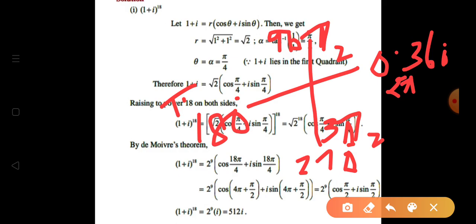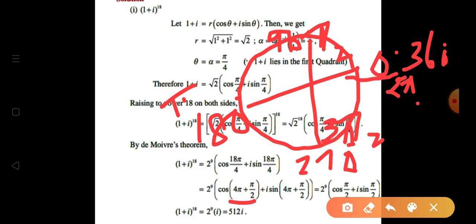Here in our sum we have 4 pi. One complete rotation we get 2 pi, and another complete rotation we get another 2 pi. So 4 pi is at the place of 0 degree, 2 pi, 4 pi, etc. Even number of pi's appear in this place. So here 4 pi plus pi by 2.